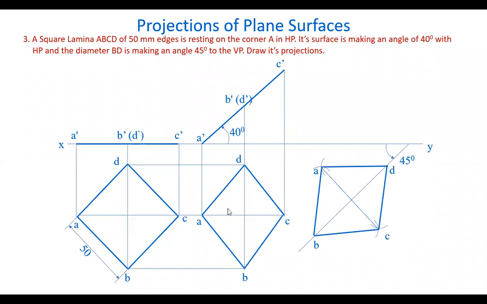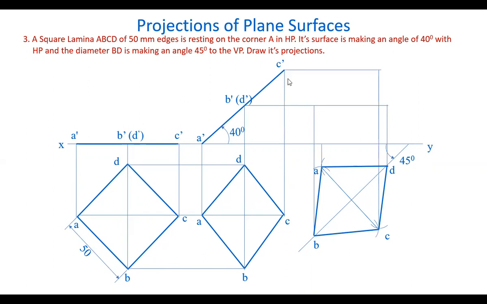That means the same top view is obtained here, redrawn in a different position. That is, if you just rotate this clockwise, B this side, you get this figure, same figure. Okay, so the same top view is reproduced. Next, draw projectors from all these points here, right?